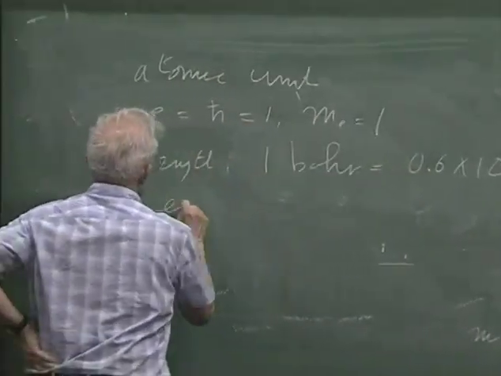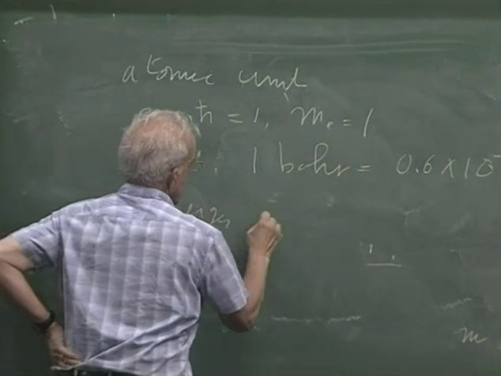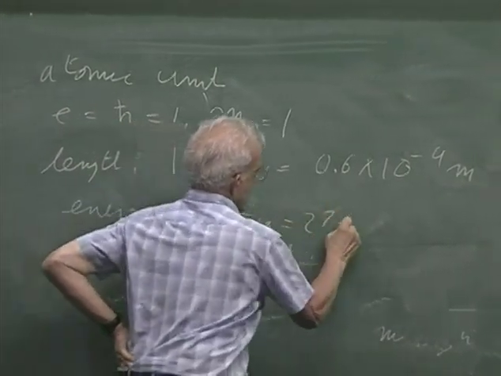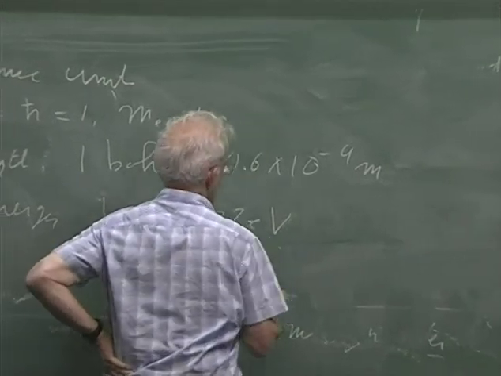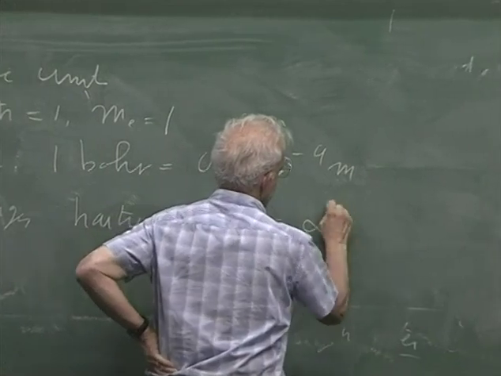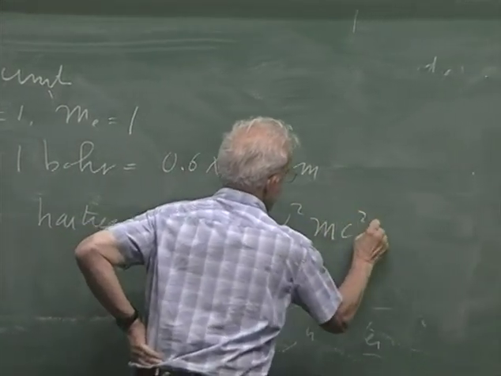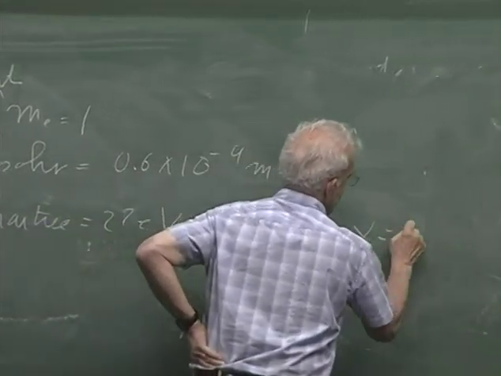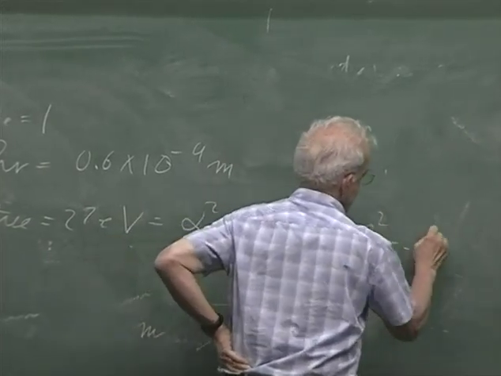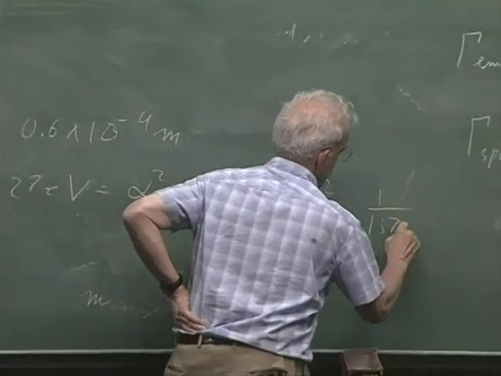The unit of energy is the Hartree, and that's 27 electron volts. I like to think of it as alpha squared times mc squared, where, of course, alpha, E squared over H bar C, is the fine structure constant, 1 over 137 point blah, blah, blah.